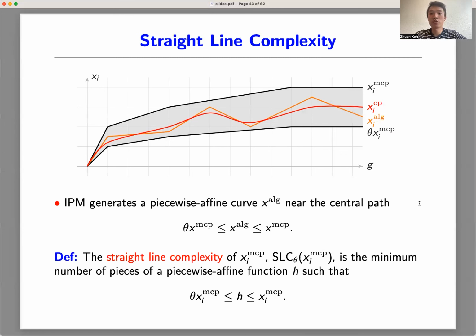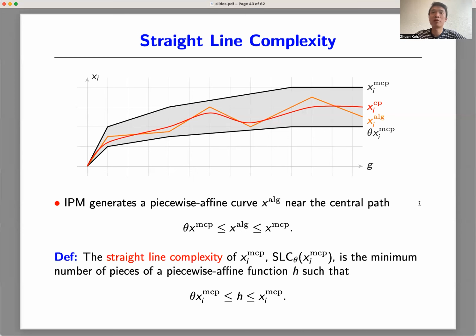Now, we are ready to define the crucial notion called straight line complexity. The straight line complexity of the i-th coordinate of the max central path is the minimum number of pieces of a piecewise affine function h such that it lies in the theta neighborhood of the max central path.